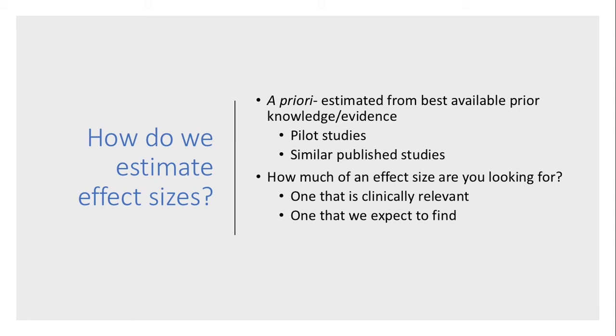I've done this before to estimate an effect size. More commonly, we look at similarly published studies to the one that we are proposing and estimate effect sizes. Sometimes it's just really our best guess and a hunch. We're not always perfect. Sometimes we miss the mark.